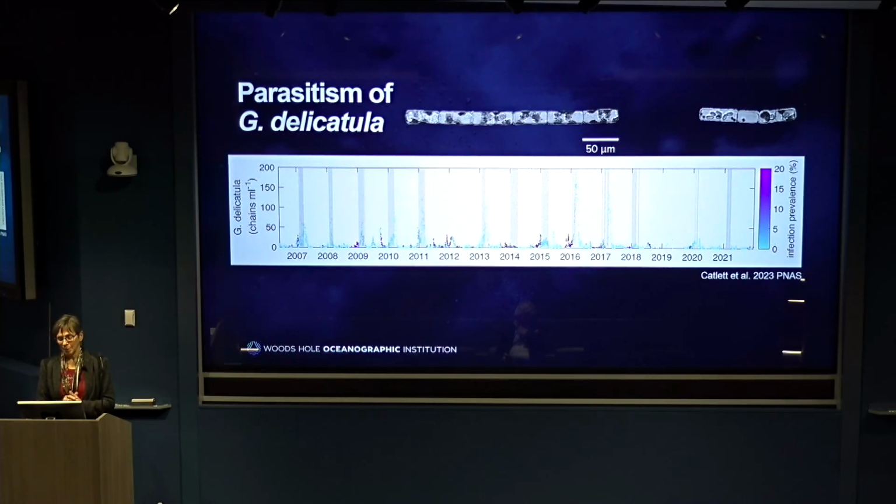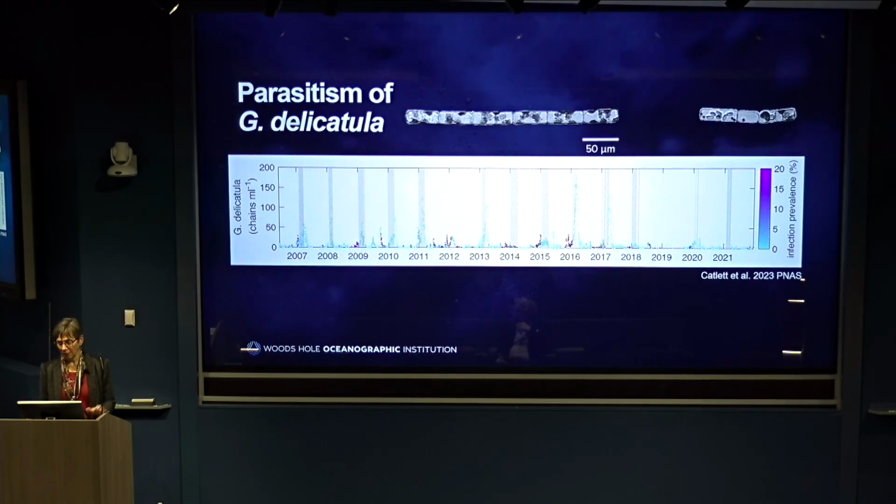And from this, we can show that parasite infection of this host is not just an anecdote, but rather an important and recurrent process. And in our updated thinking now, we believe this is a critical source of mortality for this important diatom. What you're seeing here is the same host concentration time series that I showed you earlier in blue, but now it's color-coded so that the times showing high infection prevalence are the dark colors, or the pink colors here.